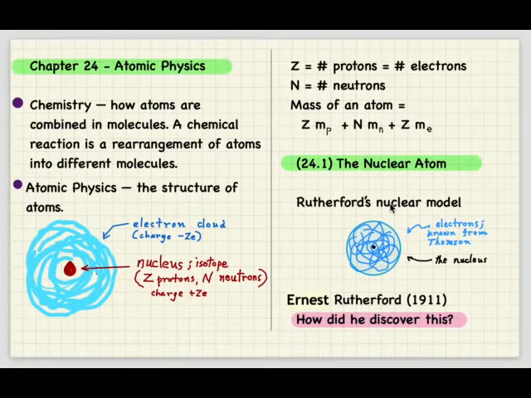What Rutherford proved is that the positive charge is concentrated in a tiny center called the nucleus. Rutherford's experiments were done over a period of a couple of years, but they started in 1911. Now, how did he discover this?